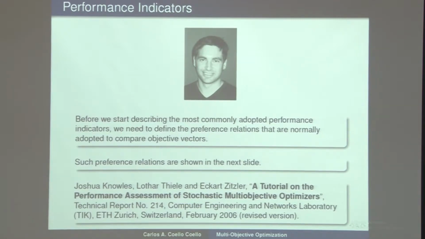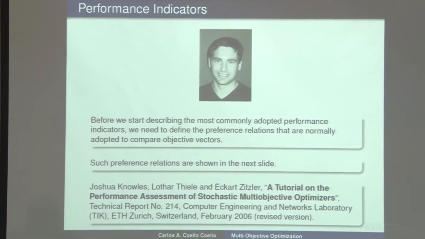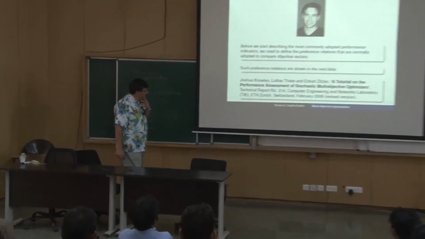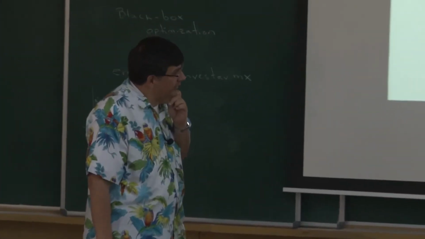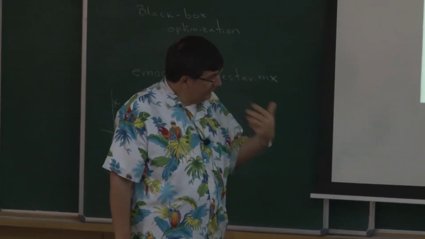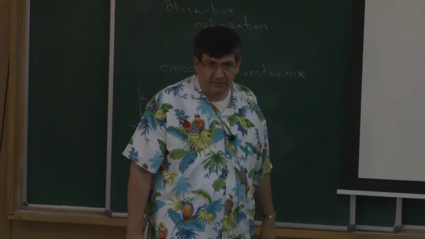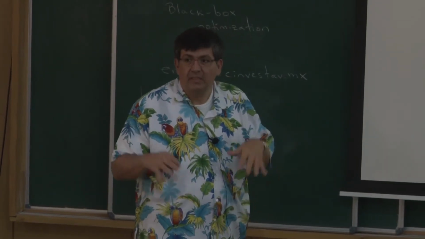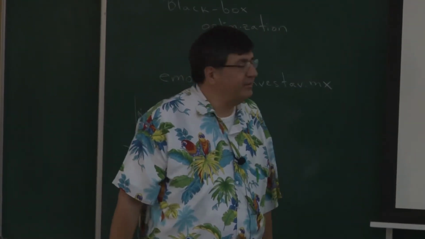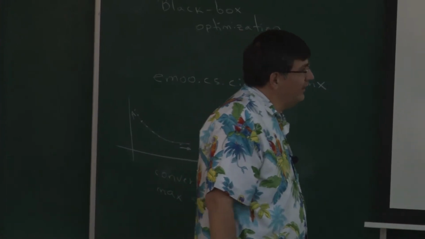We will give some definitions, what we call preference relations. These preference relations are taken from this paper from Joshua Knowles, and this is basically something important for understanding the properties of these performance indicators. As I told you, please bear with me. This is a bit abstract, a bit theoretical, but I hope you don't get lost.